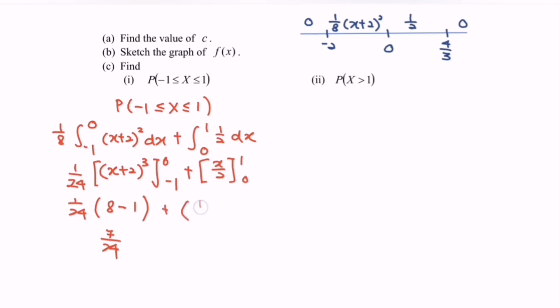Substitute the values, we will have 1 over 2 minus 0, so plus 1 over 2. Equalize the denominators, so we will have 7 over 24 plus 12 over 24. As a conclusion, the probability that x is greater than or equal to -1 and less than or equal to 1 will be 19 over 24.